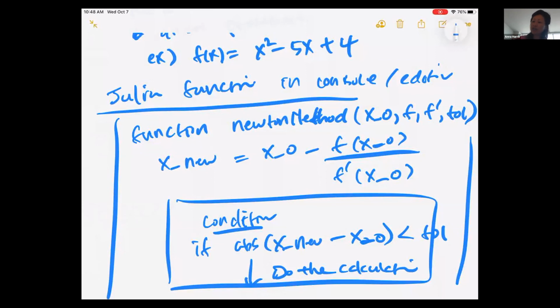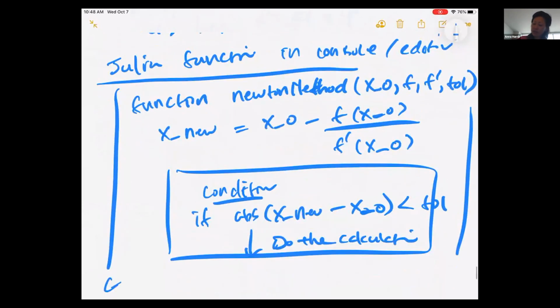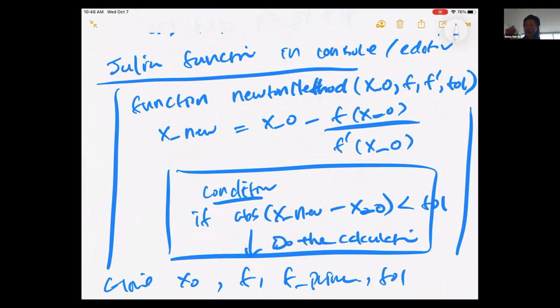So for the function, you need to give x naught, f, and f prime, and tolerance. You need to give that to your function, and then your function is going to do the iteration again and again. We did Newton's method manually using Julia one step at a time.